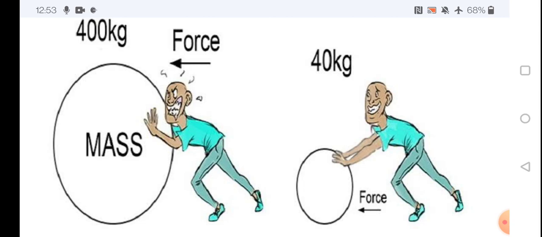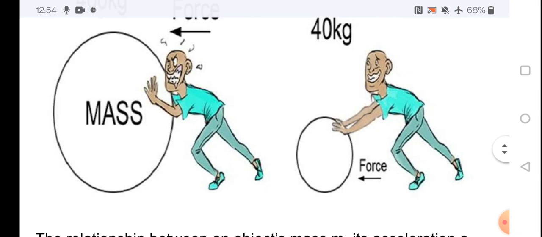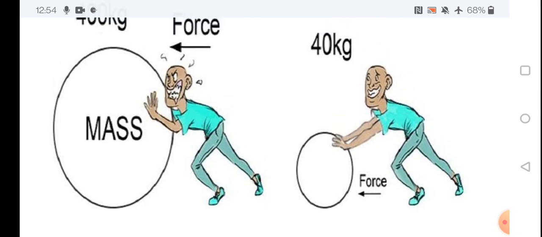But because of that 400 kg mass, that man is applying very little force. I mean, he's not able to push that ball. But in the second picture, it is a 40 kg ball. So he is applying less force to move the ball. So the acceleration depends upon the mass of the object and the force applied on the object.